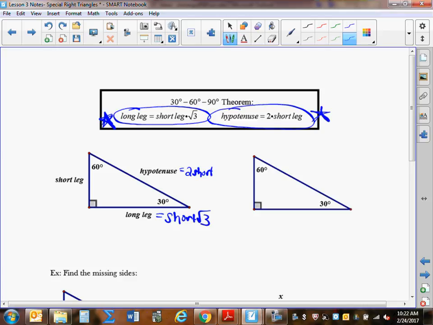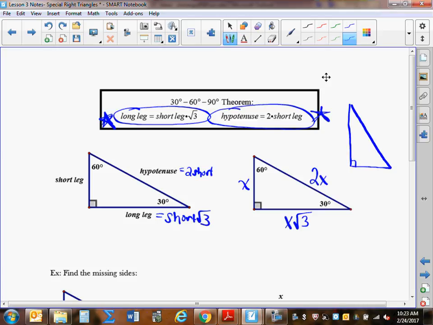All right, so again, bare basic bones here. If we want to start off with our short leg, call that x. Then your hypotenuse is just 2x, and your long leg is x root 3. So if you want to just write x instead of short, same thing. And I think it's really important to know the most basic form.